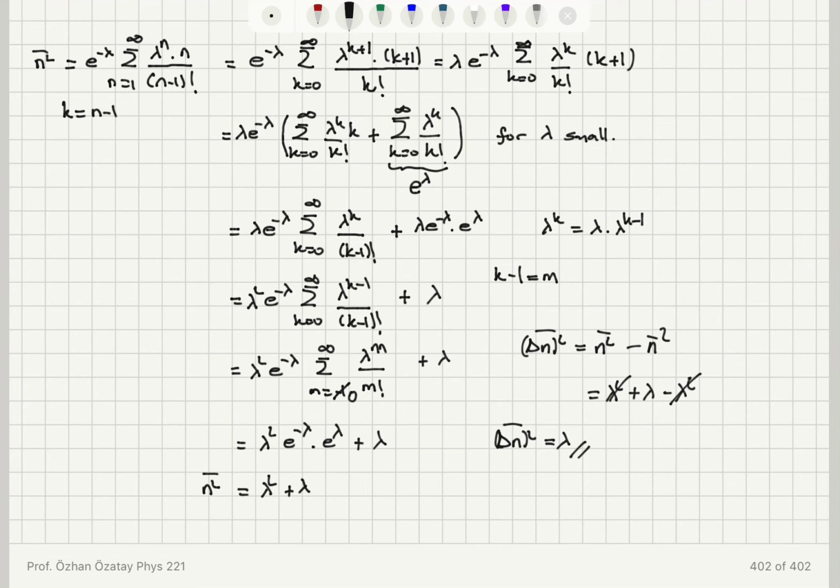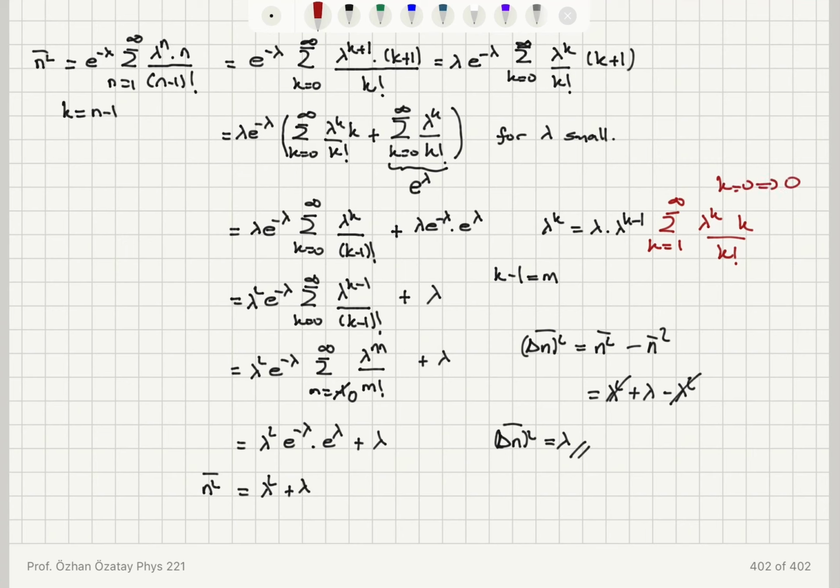or I could, instead of doing this, I could also say, since k equal to 0 will give me a 0 here, the first term is going to be sum k equals 1 to infinity lambda to the k times k over k factorial. K equals 0 gives us 0.